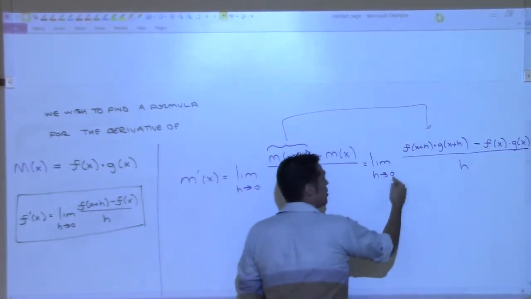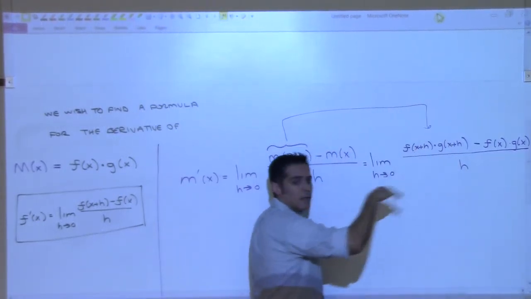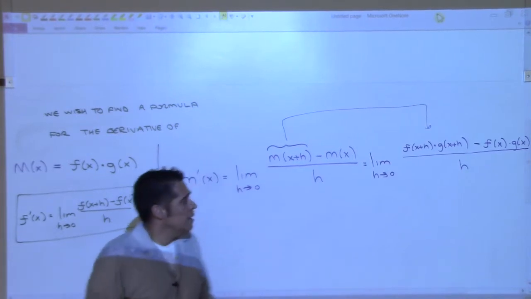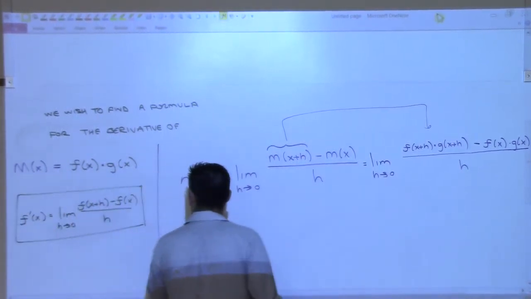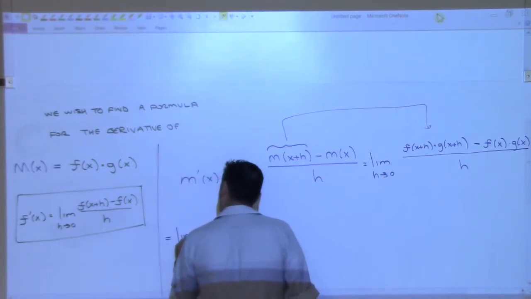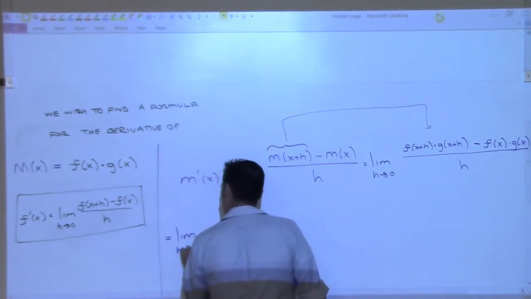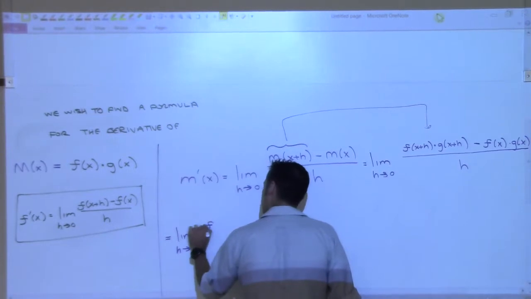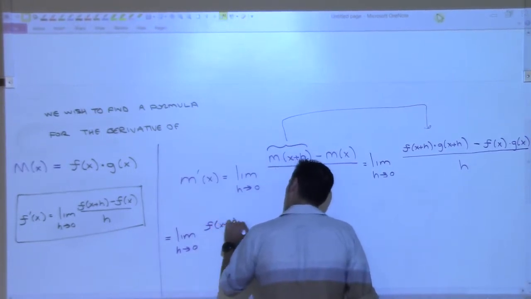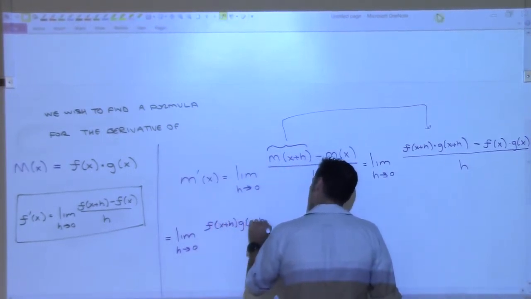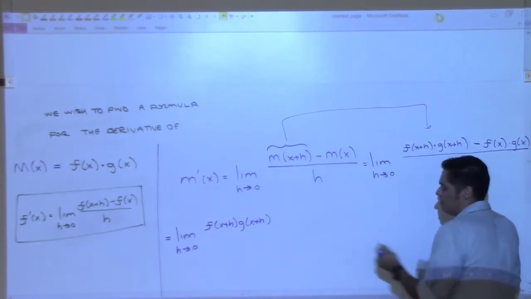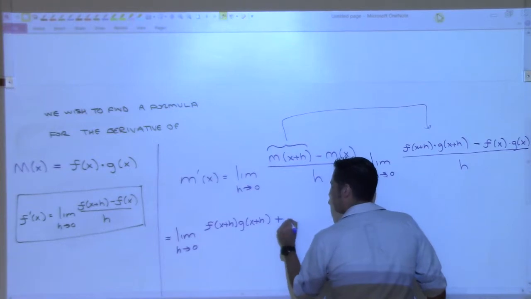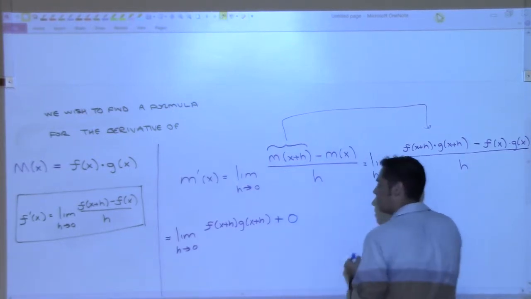Now, if you let h go to 0 right now, you're going to get 0 over 0. So what do we do? And this is the amazing part. I want you to see, I'm going to add 0 to this, and then I'm going to continue to write the rest of it.